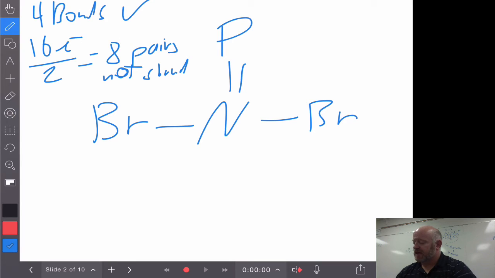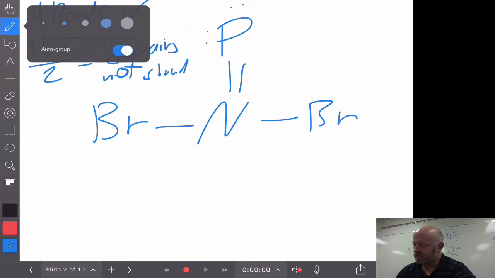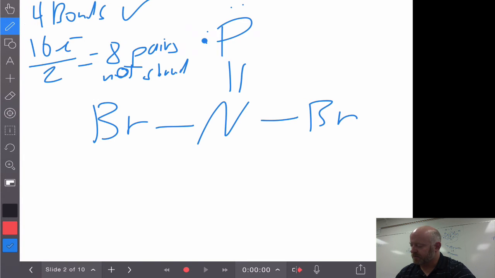So the phosphorus up here has 1, 2, 3, 4 electrons on it, so it needs a few more electrons. Let me make this a little bit bigger so you guys can see it. So the phosphorus there is going to have 4 more electrons, and then each of these bromines needs to have some electrons.